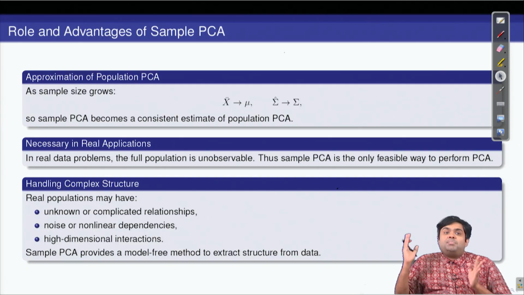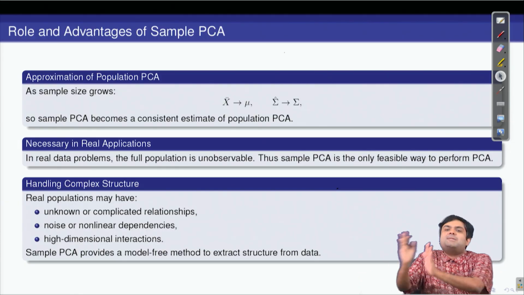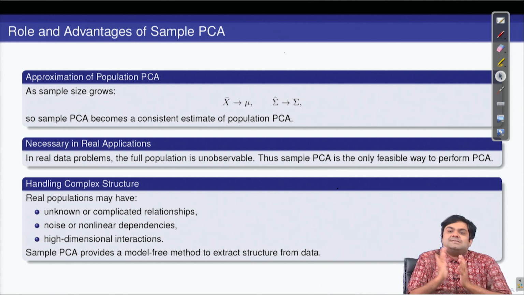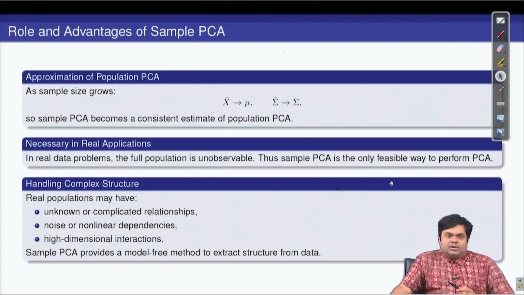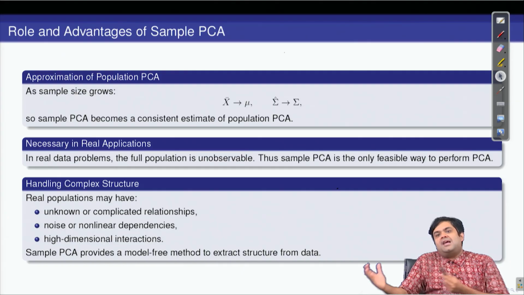In fact, sample PCAs become consistent estimators of the population PCAs. So, they become the same as population PCAs as sample size increases. In particular, sample PCAs are extremely important when we are doing real life data analysis based on a fixed sample of very high dimension.